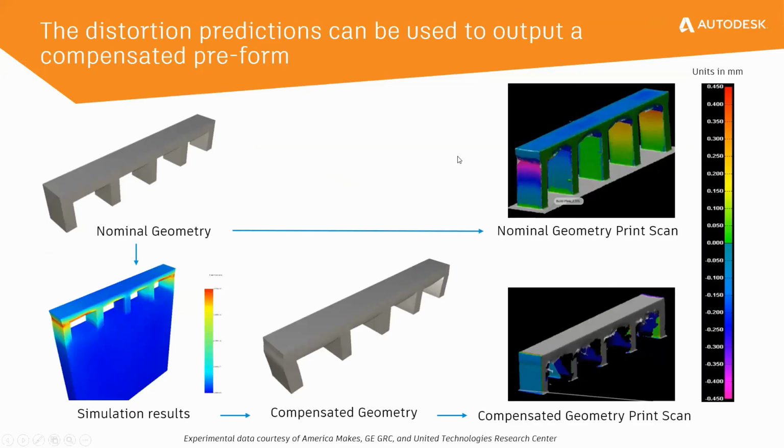Now, the warped STL is, like I was saying, a pre-compensated geometry. What does this pre-compensation mean? Let's have a look at this scenario where if you want to print this geometry, you would print it and you will see that it'll fail or it'll distort in these areas, which are highlighted as purple over there.